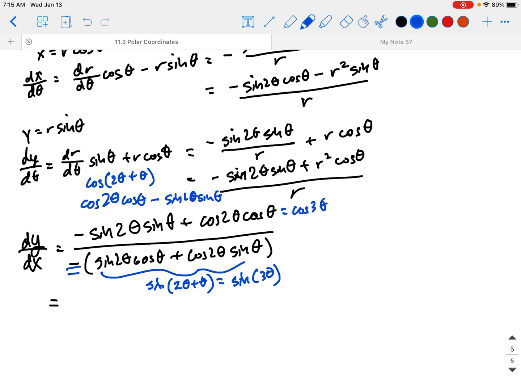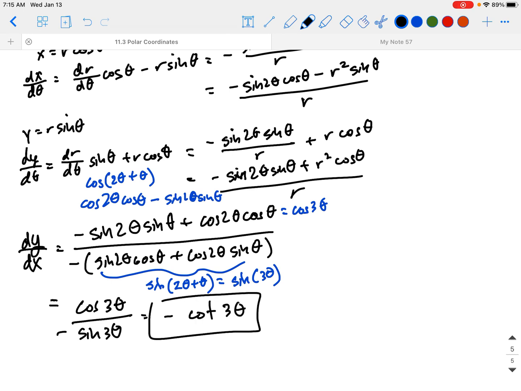We'll note we still have this negative sign on the outside though, so we're going to have negative sine 3 theta. So what we end up with that we can simplify, that's going to make our calculation much easier, is that this is really cosine 3 theta over negative sine 3 theta, which is simply negative cotangent 3 theta.